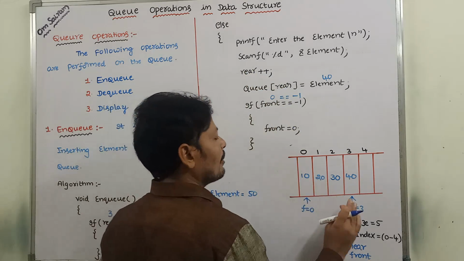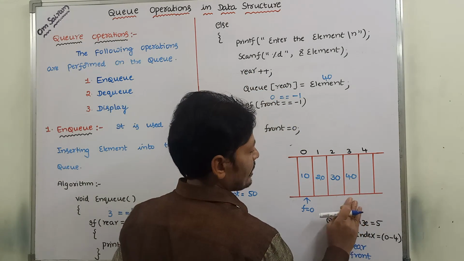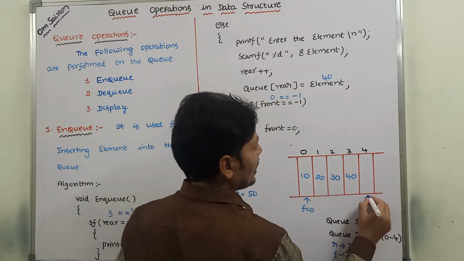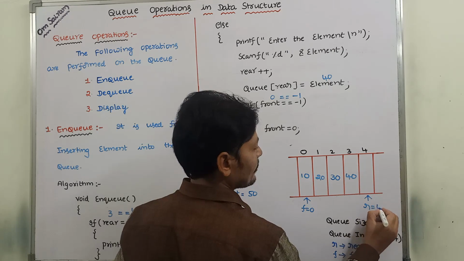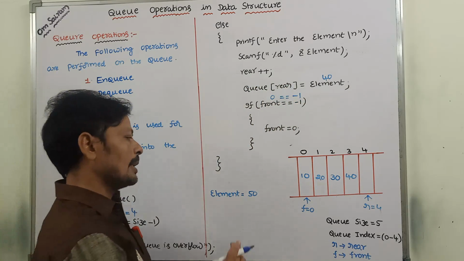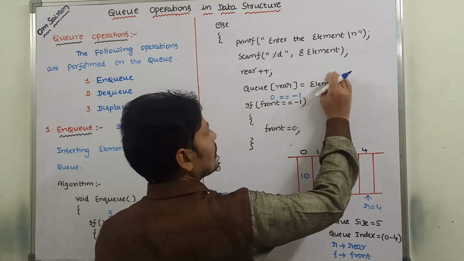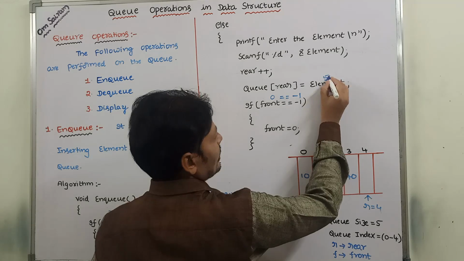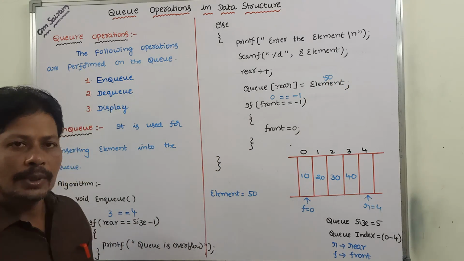Next, rear is incremented. Rear value previously 3, now it is incremented. Now the rear value is 4. Next one, queue of rear is equal to element. Which element are we inserting? Now 50 is inserted into the queue.